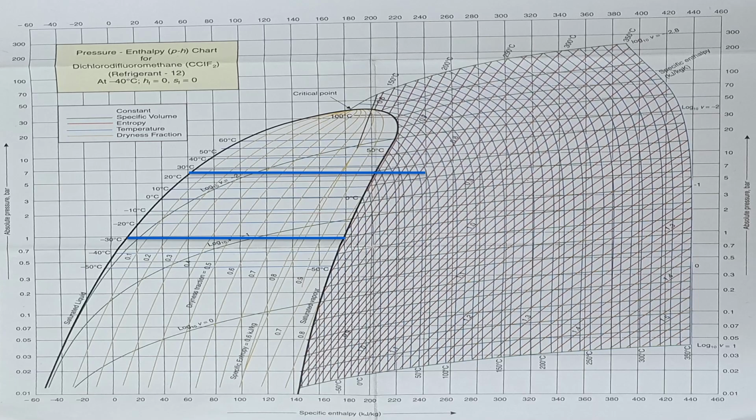Now we know that the refrigerant has been superheated by 5 degrees Celsius as well as subcooled by 5 degrees Celsius. So here, instead of 1, the point 1 will be shifted horizontally by 5 degrees Celsius towards the right. Similarly, the refrigerant coming from the condenser will be subcooled, that will be shifted by 5 degrees Celsius towards the left side.